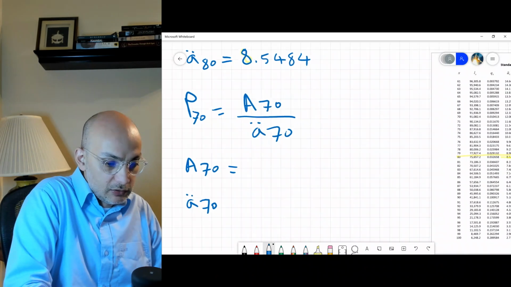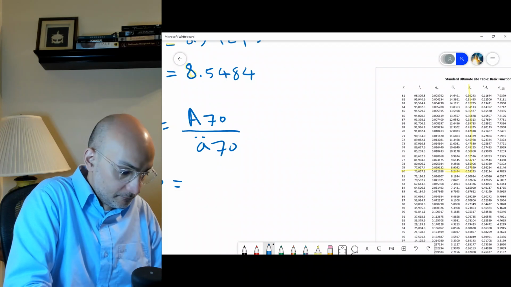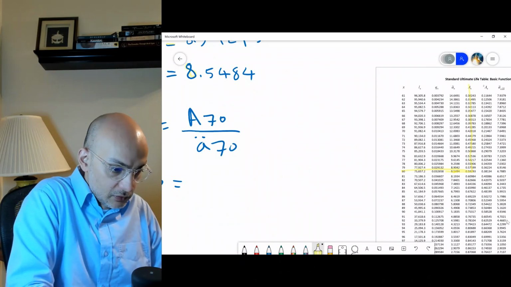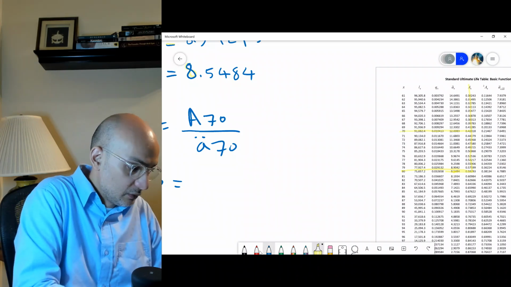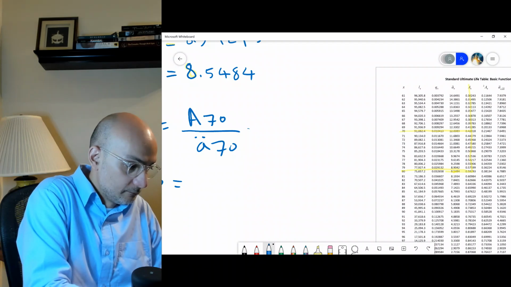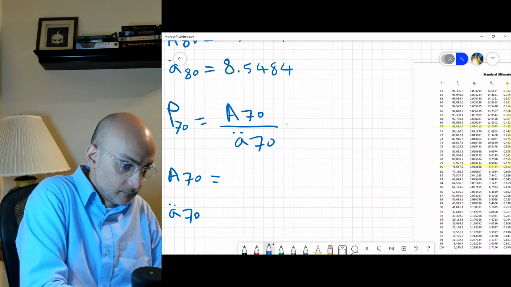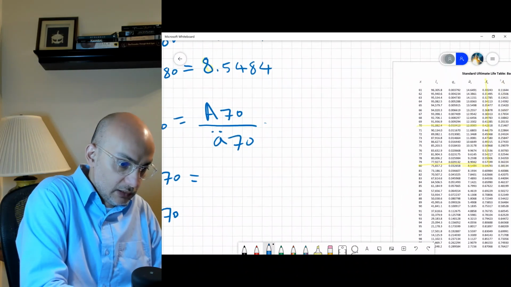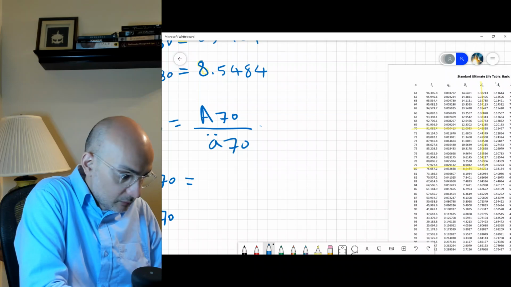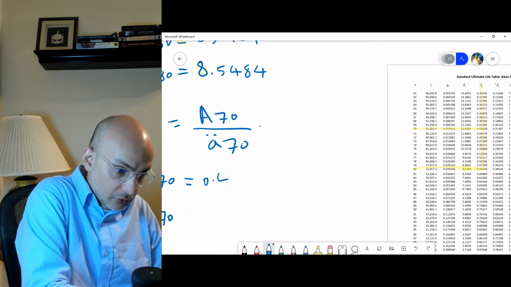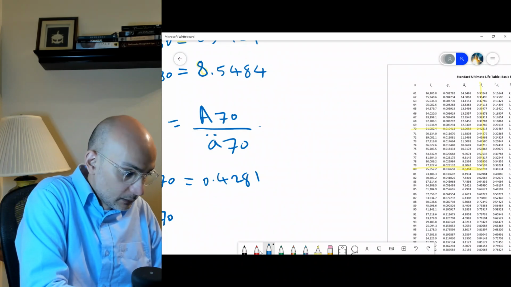So now we need to go 10 years earlier. So if we go 10 years earlier here, so we have this one to be, well, I think it's easier for A70 is 0.4281 and this one is 12.0083.